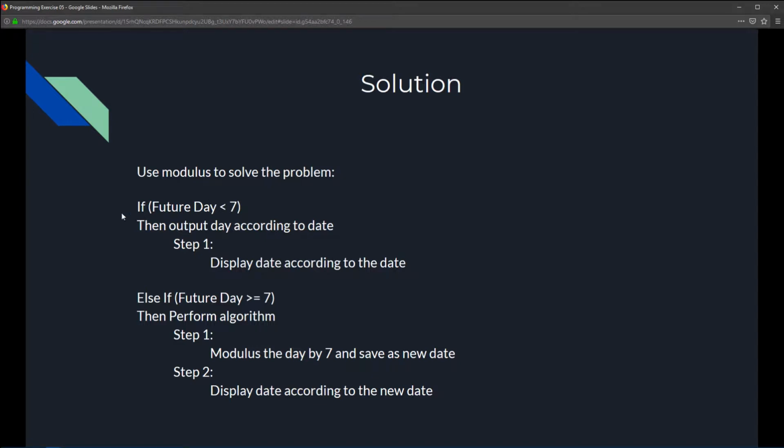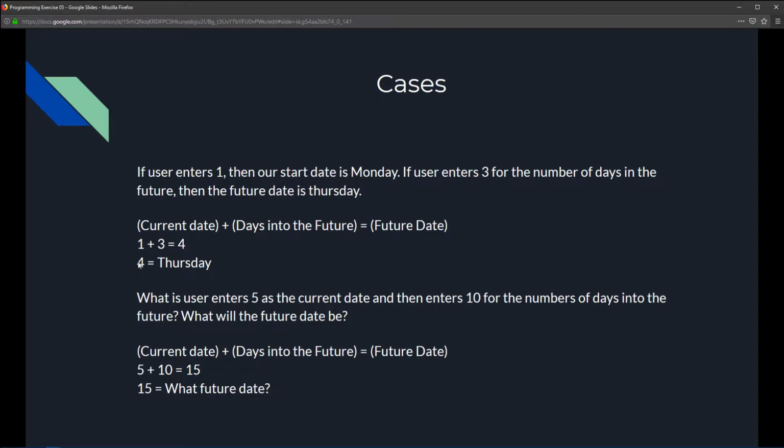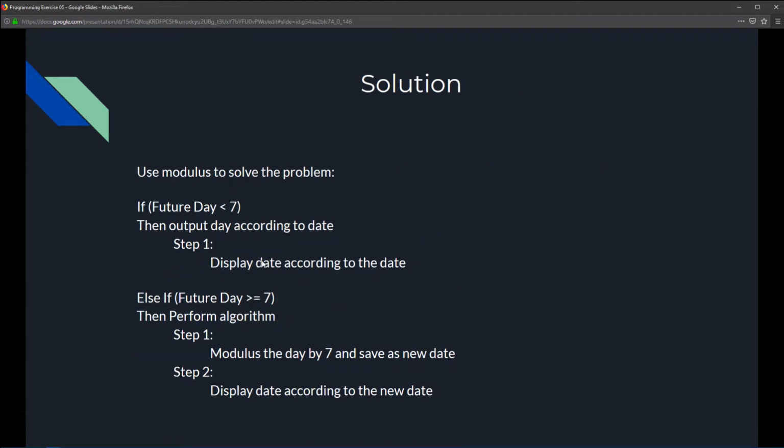For example, let's say if the future day is less than 7, then we got a solution right here. Simple as that. If it's less than 7, it could be any of these days. But if it's greater than 7, we could just mod that number by 7, and we'll get our future date.